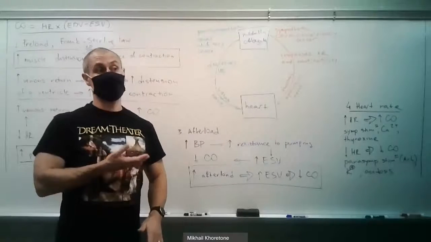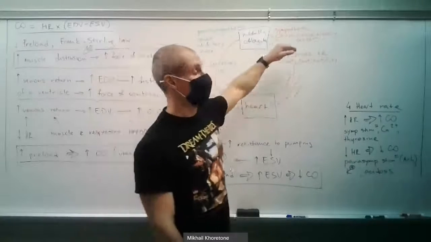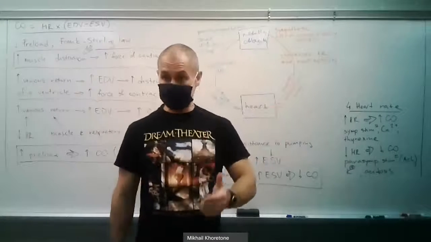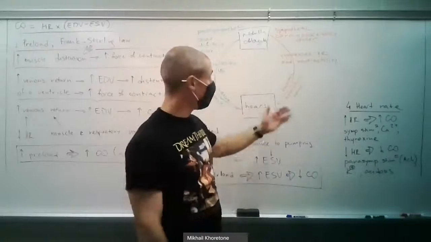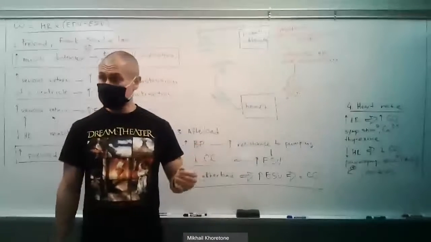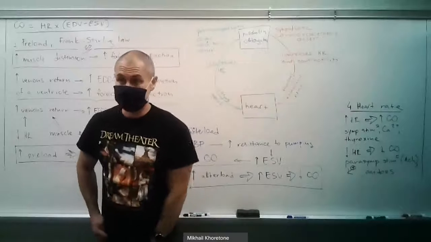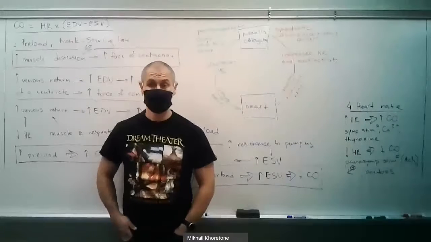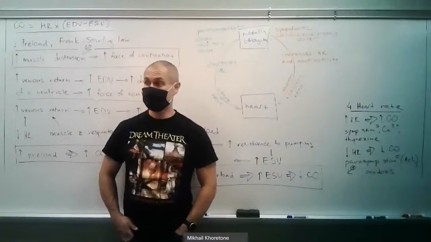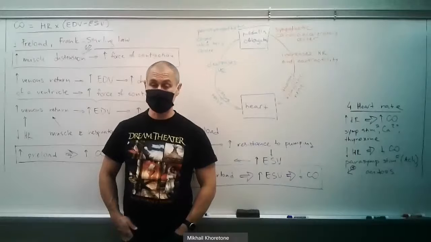The heart rate starts to go up, and then cardio acceleratory center kicks in and speeds up not only heart rate, but also increases contractility. Does that make sense to you? You clear? The sympathetic system is affecting both contractility and the frequency of contraction.